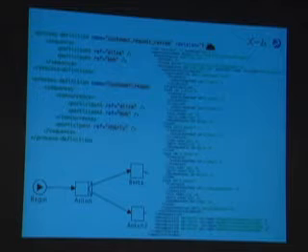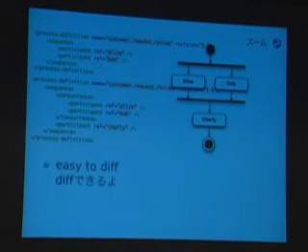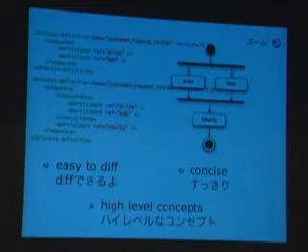So I prefer my small XML notation because it's easier to diff simply. When you want to say, hey, that process changed, I want to put it in Subversion and track the changes in my business processes. Because it features high-level concepts and not joins and things like that. And, well, it's concise. So that's the same argument.